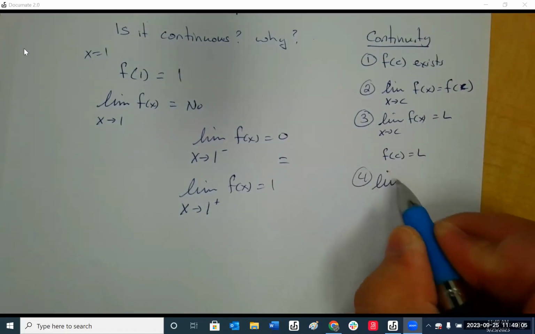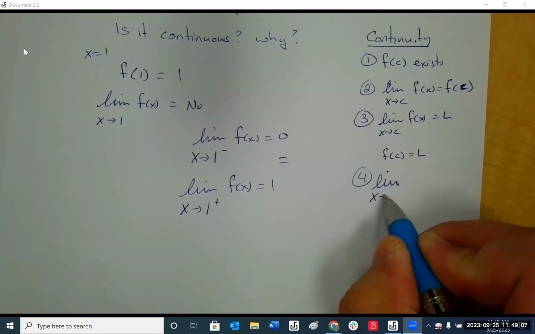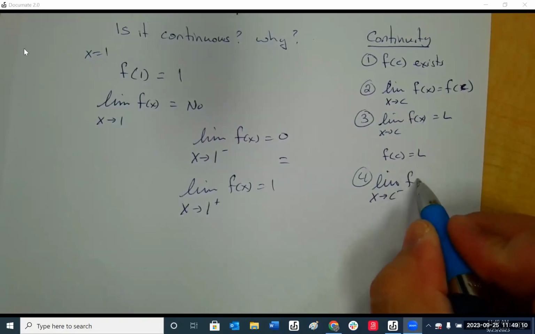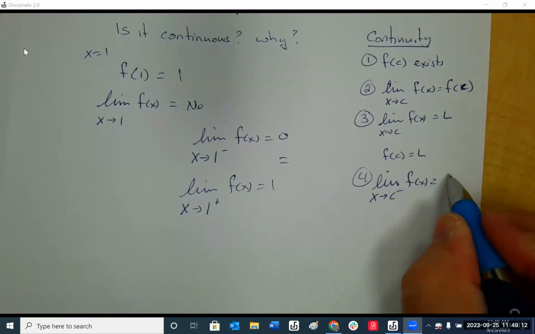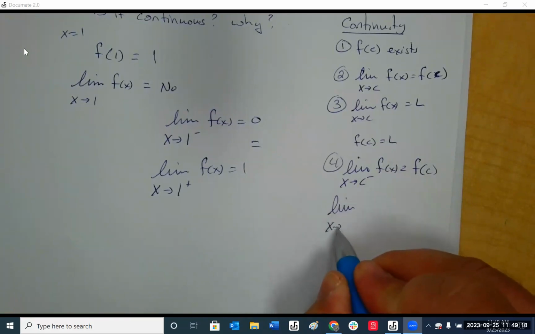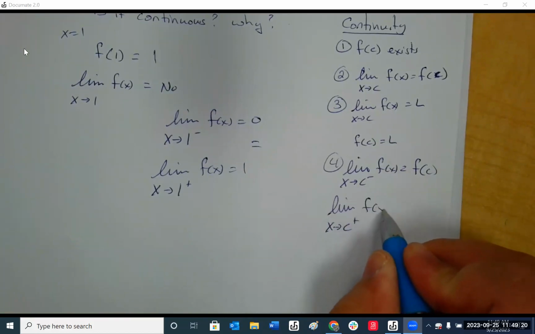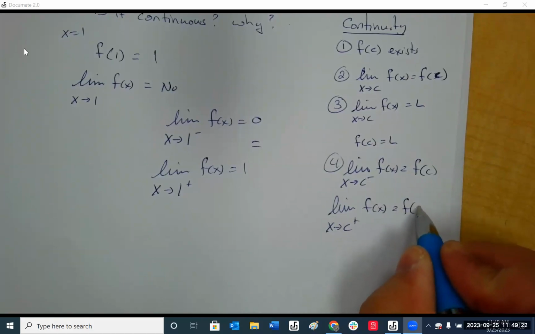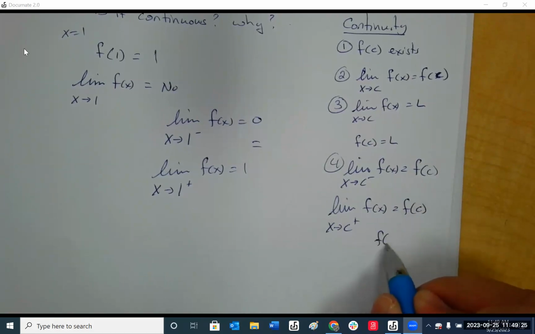The limit as x approaches c from the left equals f of c. The limit as x approaches c from the right has to exist, and they have to be equal.